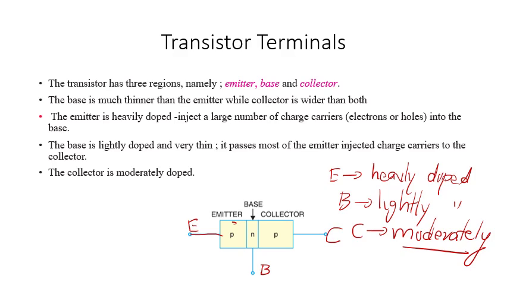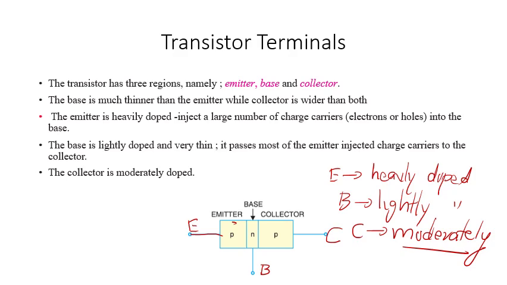If the doping level in the base is high, there may be recombination occurring in the base region. In order to avoid this recombination, we keep the base region lightly doped, and the collector should be moderately doped in such a way that it can receive whatever electrons come from the emitter through the base. That is the idea of keeping different doping levels in the three sections.